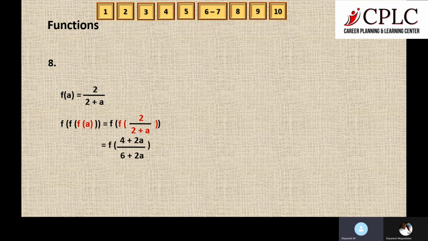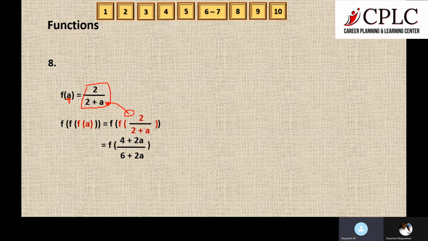What is that original function? This is that original function. In this function, instead of a, substitute this, because the input is not a anymore, it is 2 upon 2 plus a. And whenever you do that, you get the value as 4 plus 2a upon 6 plus 2a.